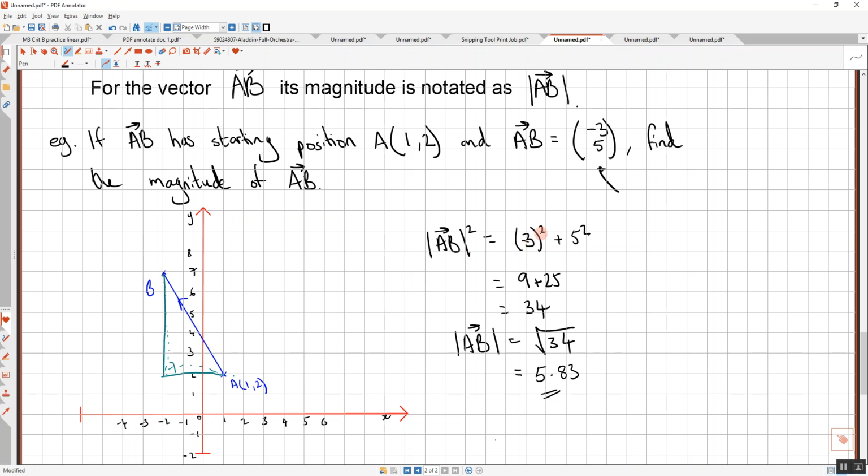No, because when I square it, it becomes positive anyway. And I've got the 5 in the y direction. It doesn't matter where I draw this line, it's always going to be the same length if it has this vector. Make sense?